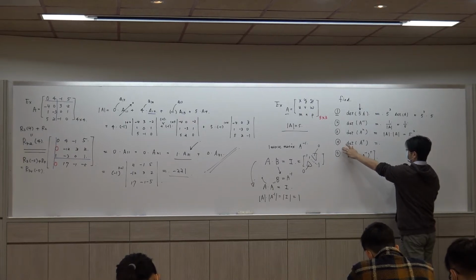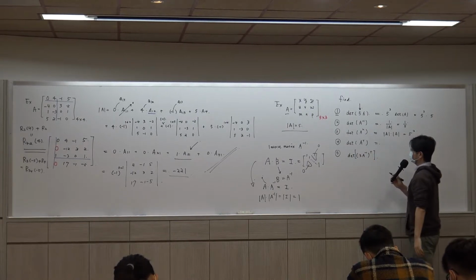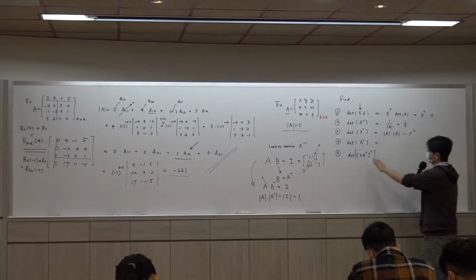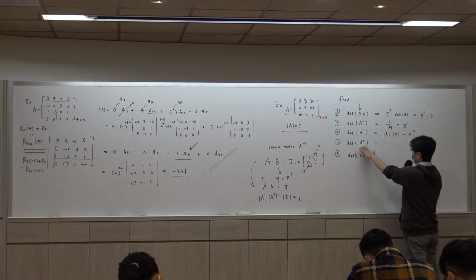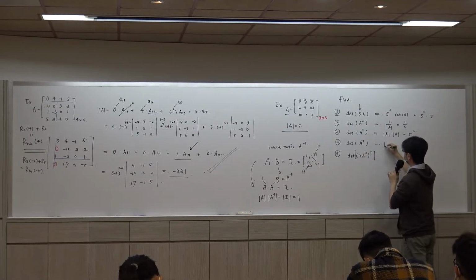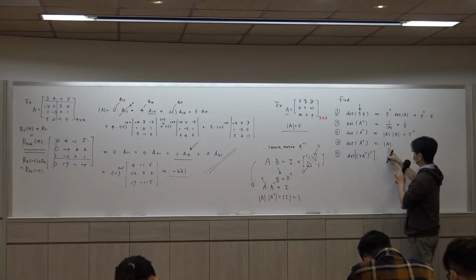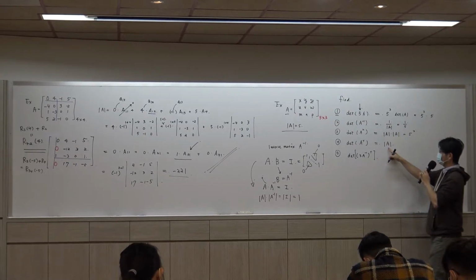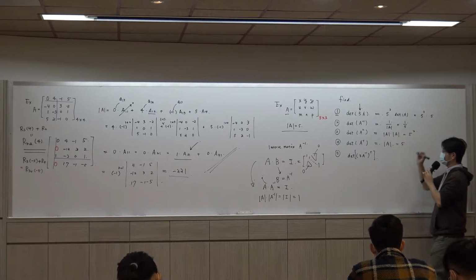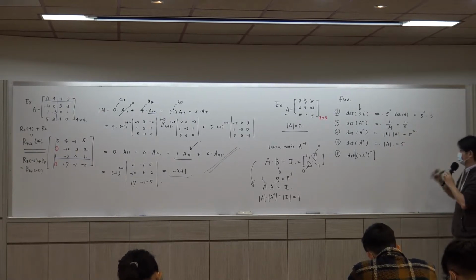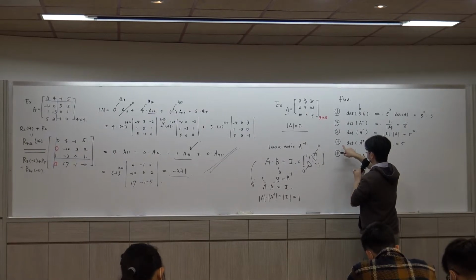And question number 4 is a property of the determinant. The transpose matrix has a determinant equal to the determinant of the original matrix. So it equals 1.